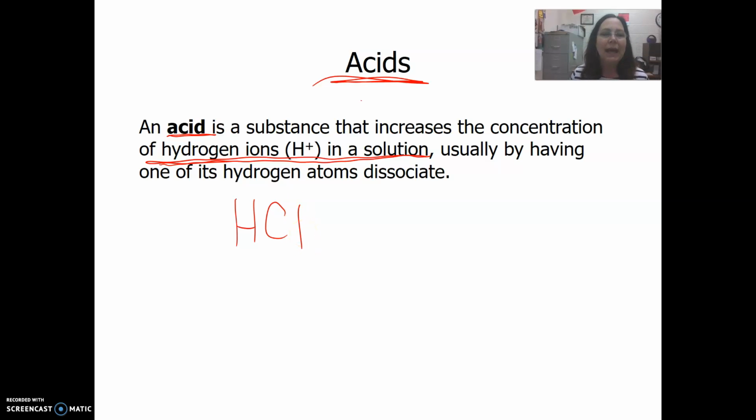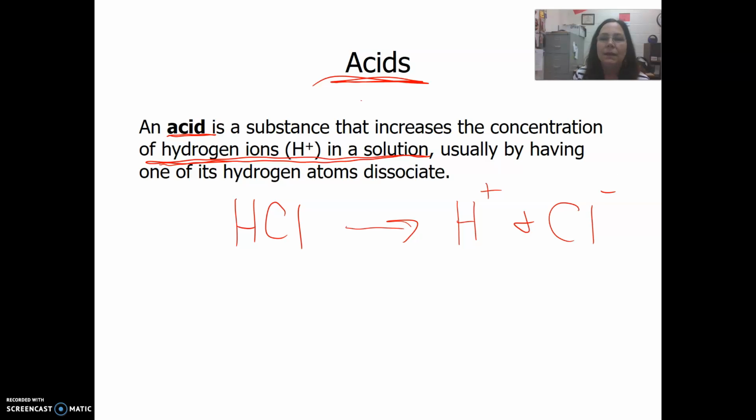When hydrochloric acid dissolves in water, its hydrogen donates an electron to its chlorine. So they become hydrogen with a positive charge and chlorine with a negative charge, very similarly to how sodium chloride forms.